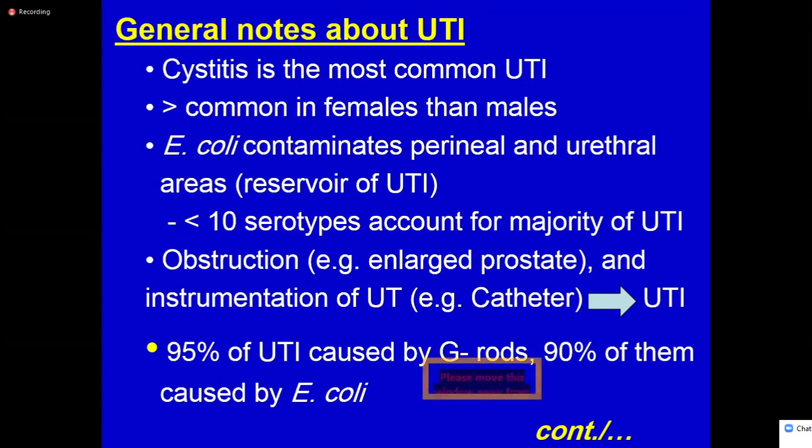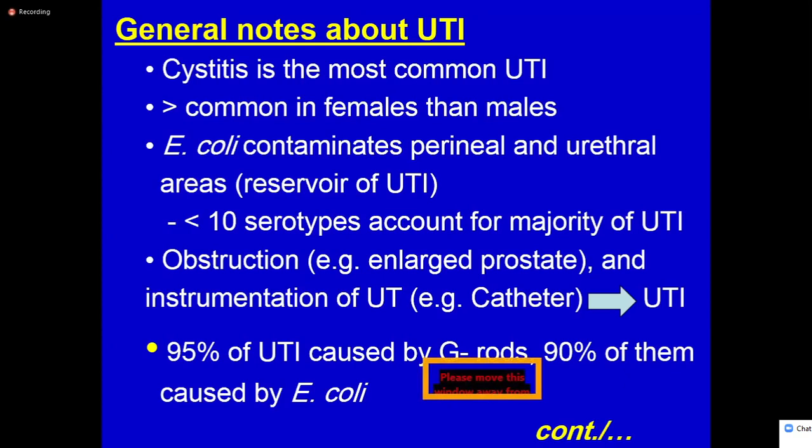Remember, E. coli could be a contaminant. The E. coli present in the perineal area and at the urethral area is the reservoir of UTI. Less than 10 serotypes of E. coli are responsible for the majority of UTI. يعني مو كل الإي كولاي قاطبة تعمل UTI.